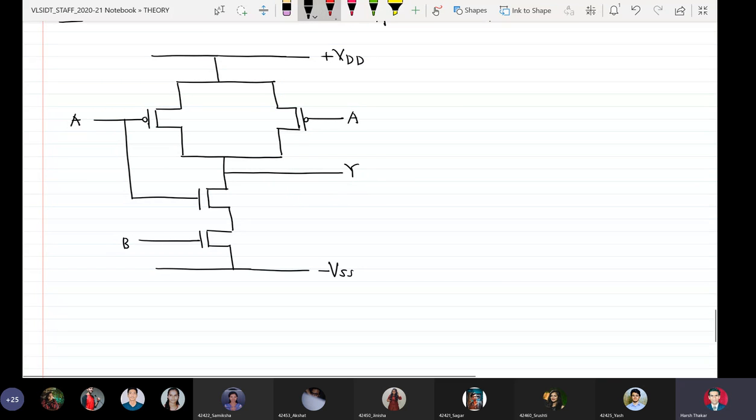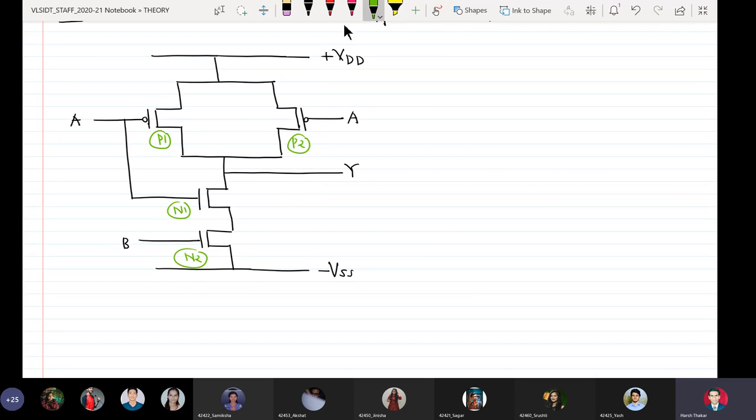Okay. See now, first we'll find the sizes of P1 and P2. So first let us name them. This is P1, this is P2, this is N1, and this is N2.